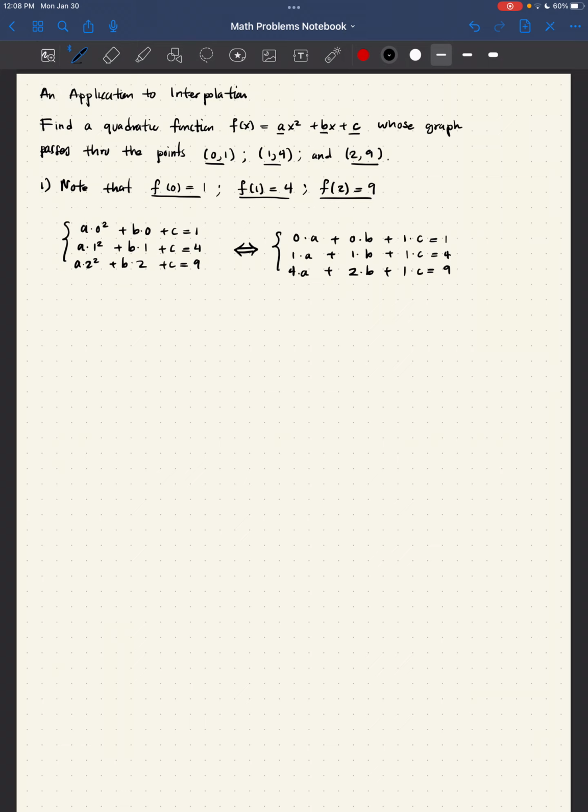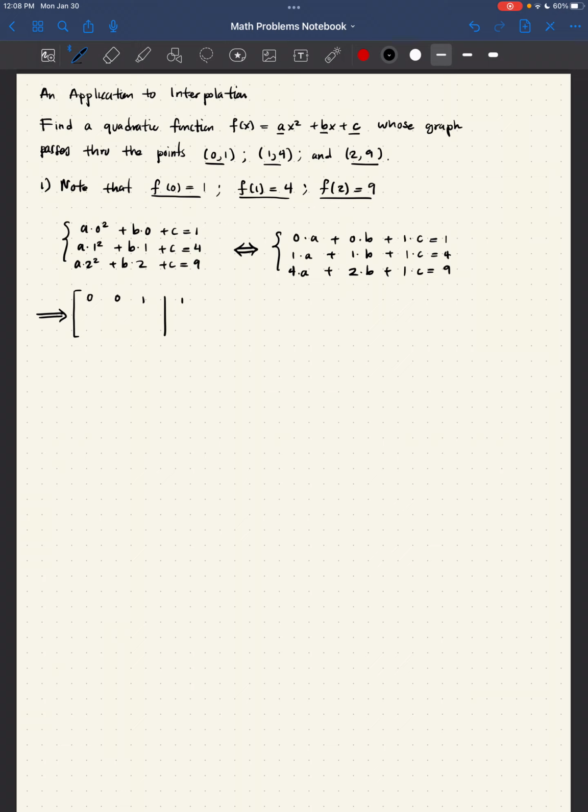Okay, but look, this can be turned into a matrix, right? What matrix? Well, from here, the following. We have 0, 0, 1 with 1.